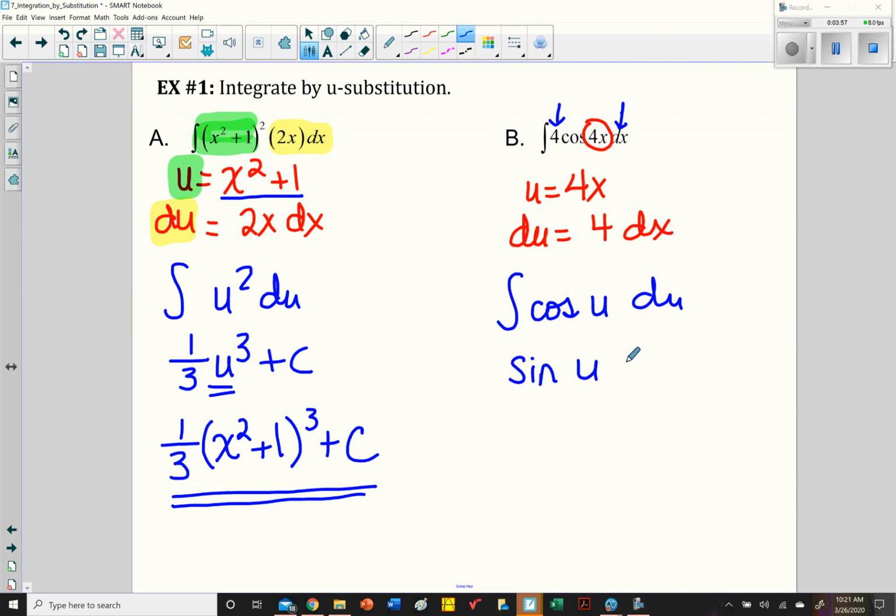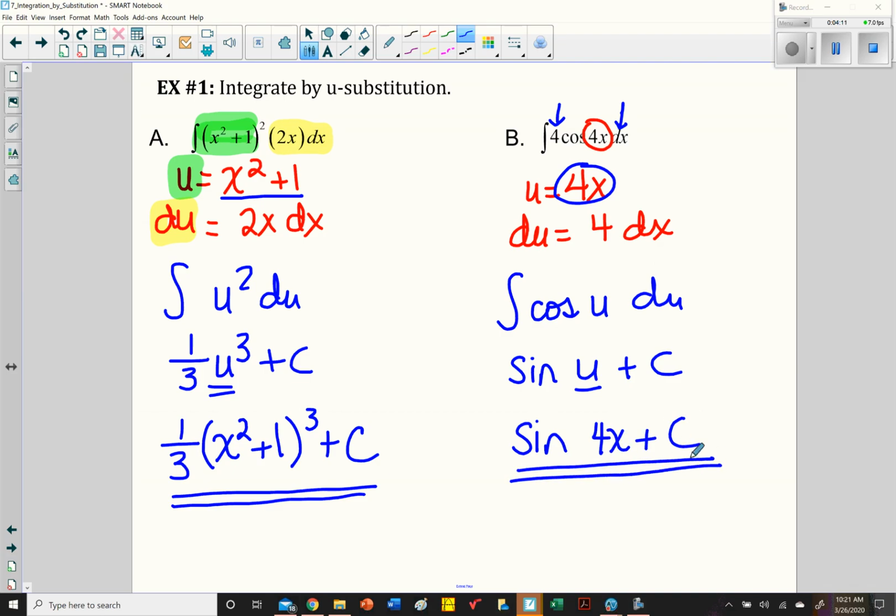Antiderive, sine u plus a constant, back substitute, 4x takes the place of u. So the sine of 4x plus a constant is our antiderivative, the general antiderivative, the indefinite integral.